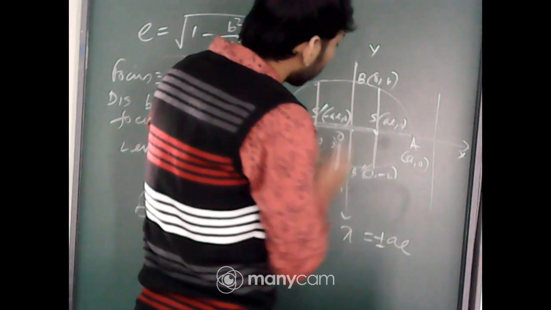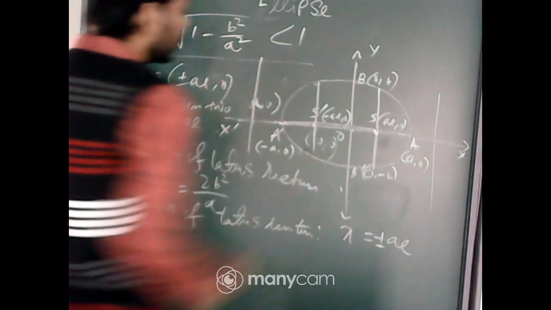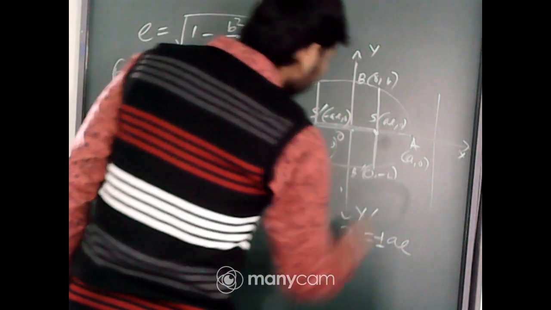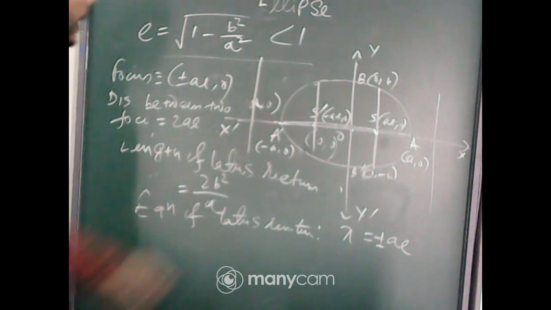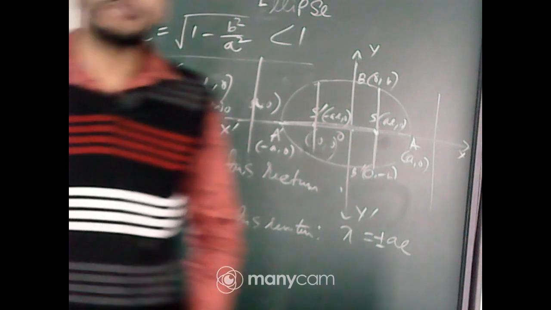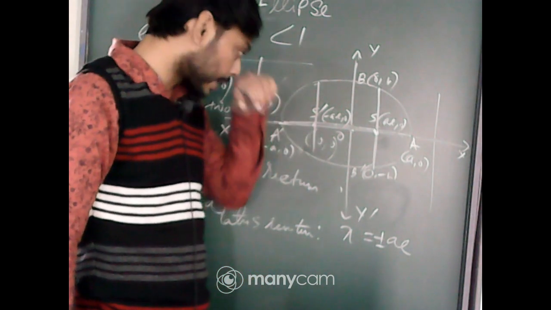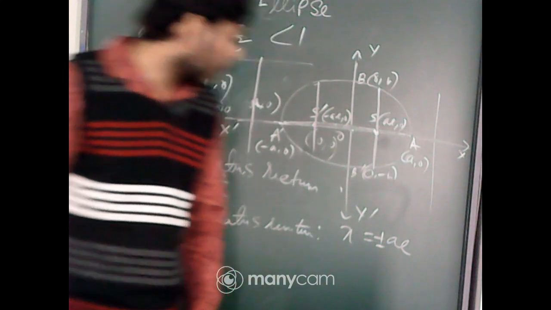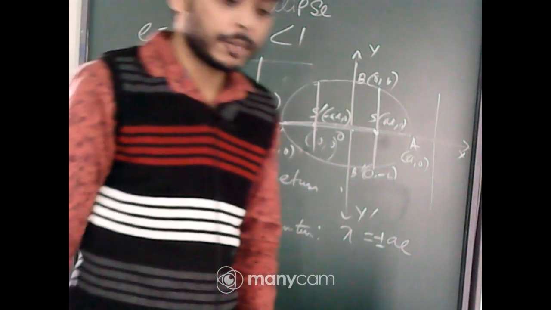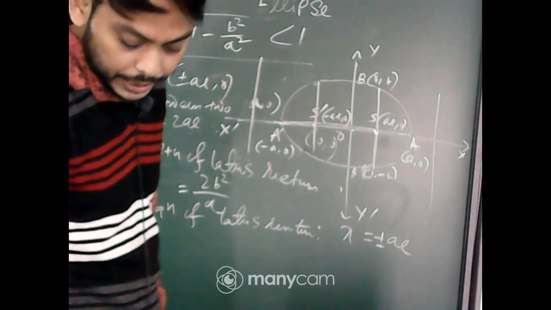Since it is the line parallel to the y axis, that's why x equals to constant. Whenever it passes through S, it will be x equals to AE, and whenever it passes through S dash, it will be x equals to minus AE. So simultaneously you may write here x equals to plus minus AE.